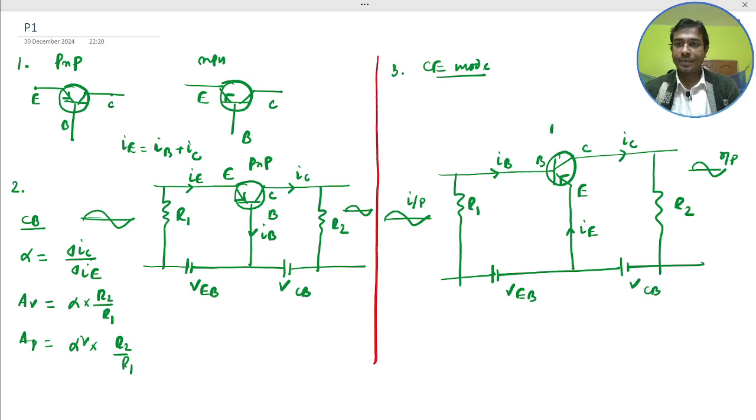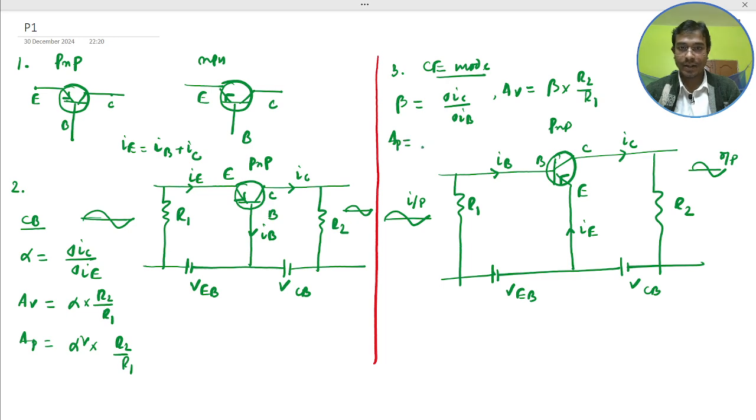So this is the PNP transistor, that in CE mode the current gain beta is defined as del IC divided by del IB, and the voltage gain AV, that is beta into R2 divided by R1, and the power gain AP, that is beta square into R2 divided by R1.